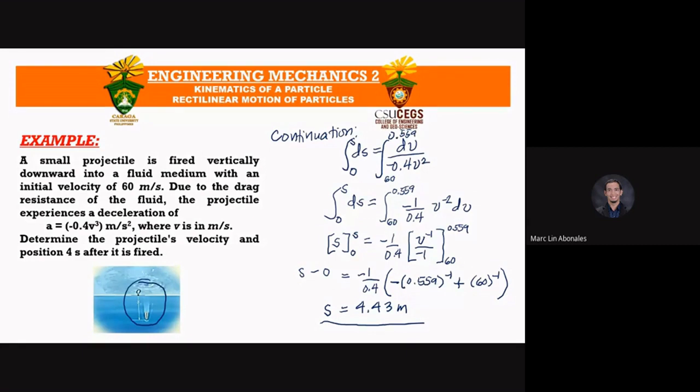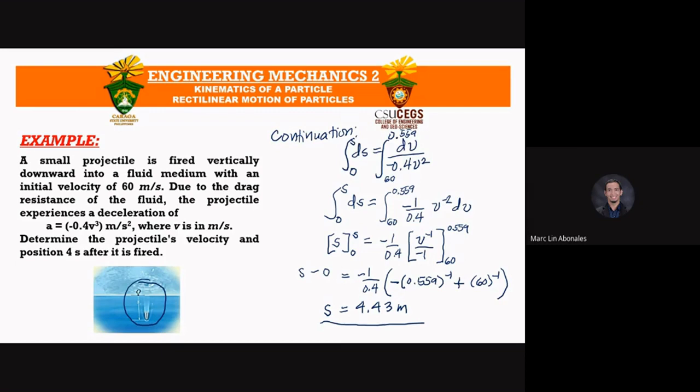Did you get what I discussed last time? So 0.559 is correct because in reality, the value must be lower compared to its initial velocity.